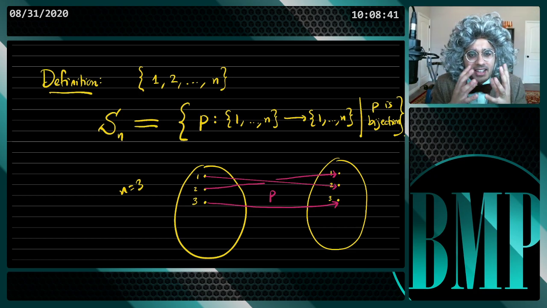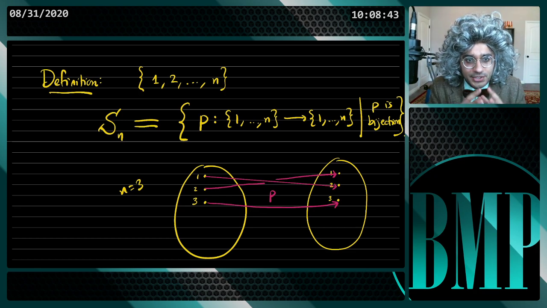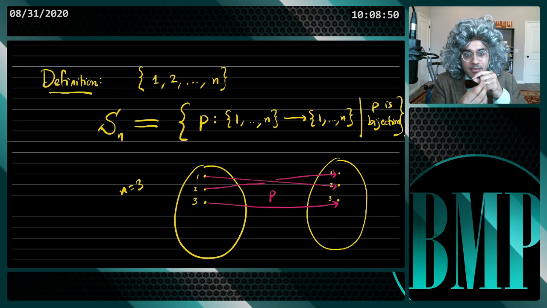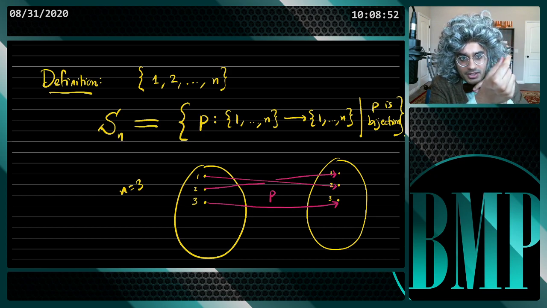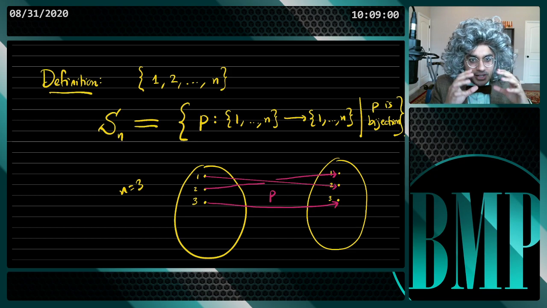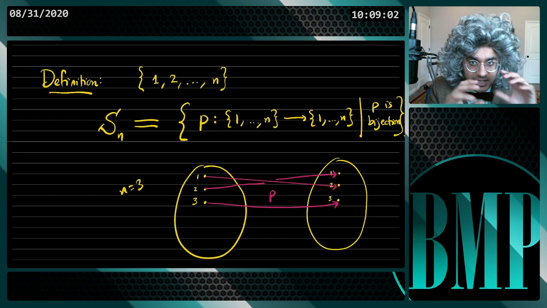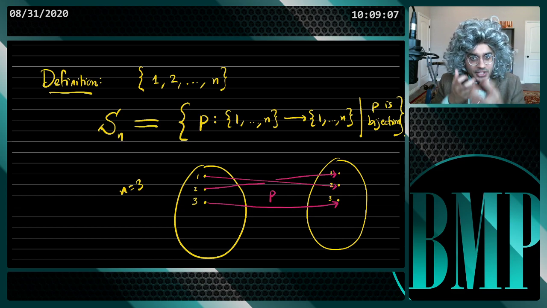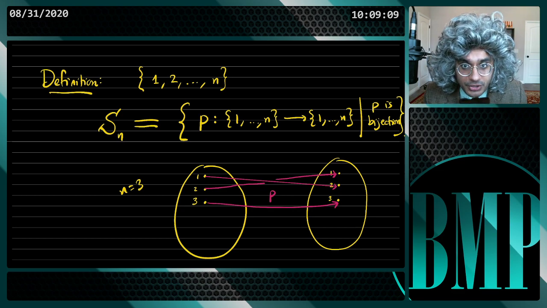And now, you see how this bijection encodes a permutation of the elements. Namely, the element called 1 was sent to 2's position, and 2 was sent to 1's position. You can visualize this function as inducing a jumbling, a permutation of the numbers 1, 2, and 3.